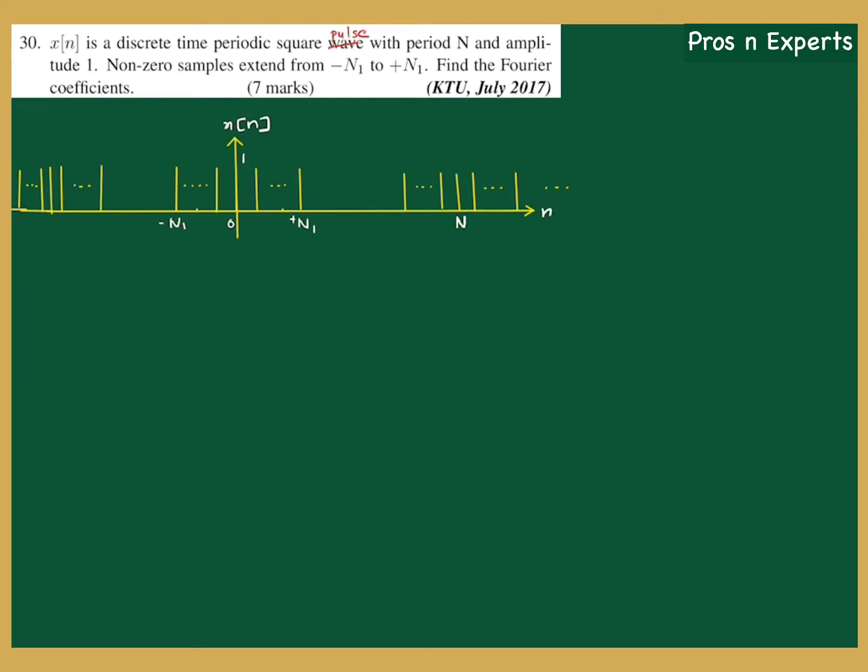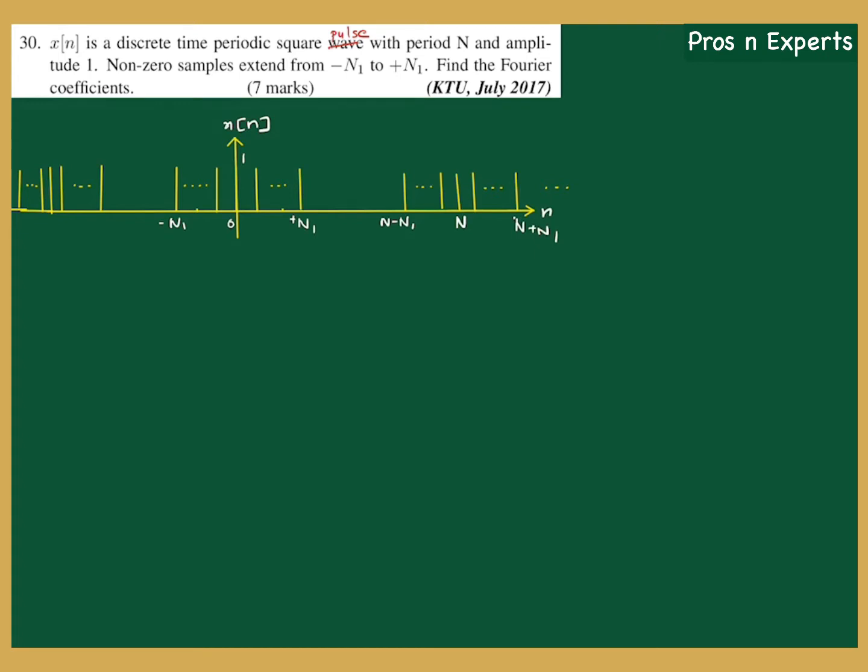So this is N minus N1, and this sample is N plus N1. Okay, so this is our signal.